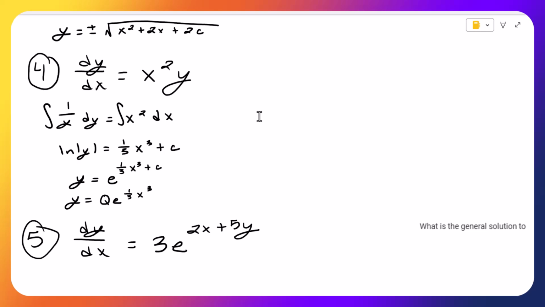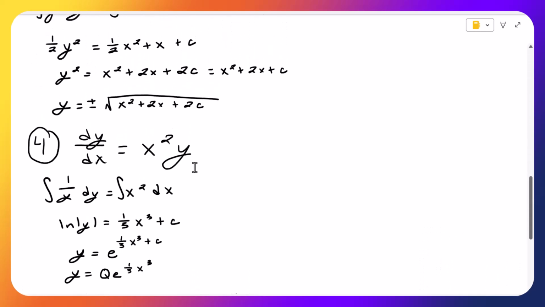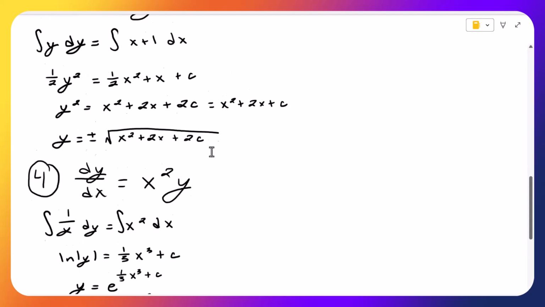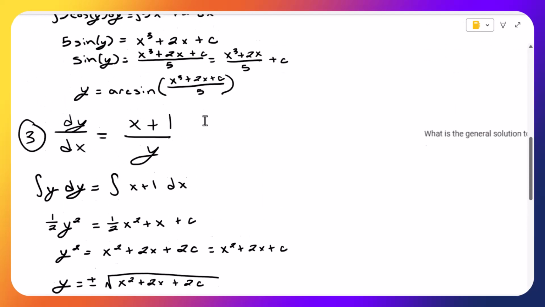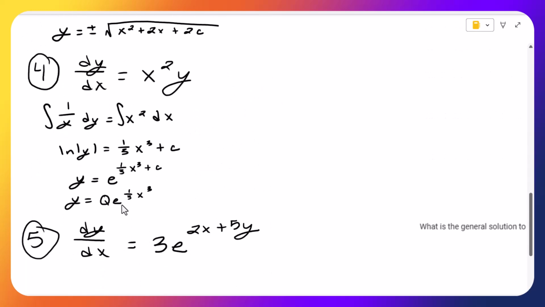Something I'm realizing that I probably should elaborate on a little bit is this idea of what rules do we need to follow for c? So like I said here, we don't need to multiply c by 2, and I said here we don't need to divide c by 5, but here I am raising c to that power.